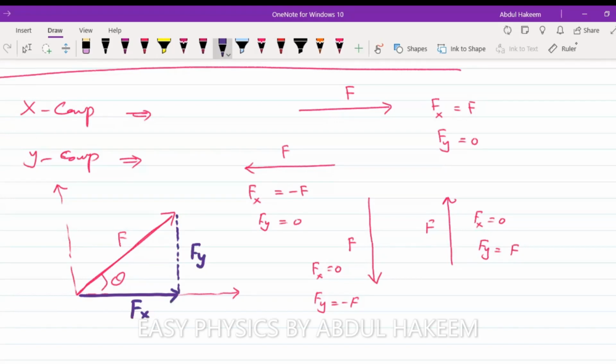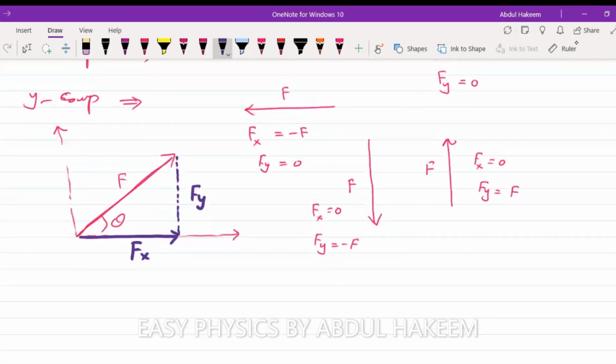And do remember, the side adjacent to the angle is always the x component, and the side opposite to the angle theta is the y component. Both components are perpendicular to each other. And when both components Fx and Fy are added according to the head-to-tail rule, then the resultant vector is determined.